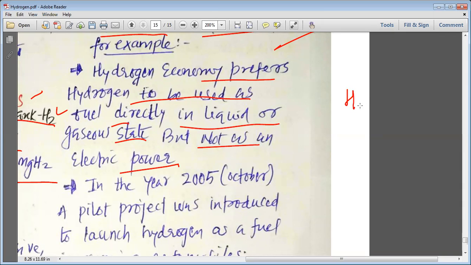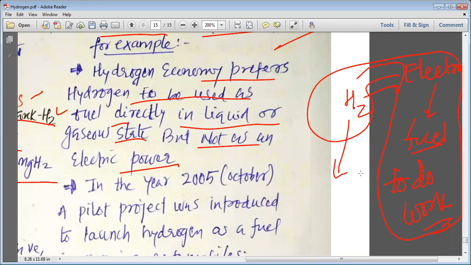Because if hydrogen is used to produce electricity, and then electricity is used to do work, lots of energy is wasted in this process. And that is why the hydrogen economy prefers to use hydrogen directly as a fuel.